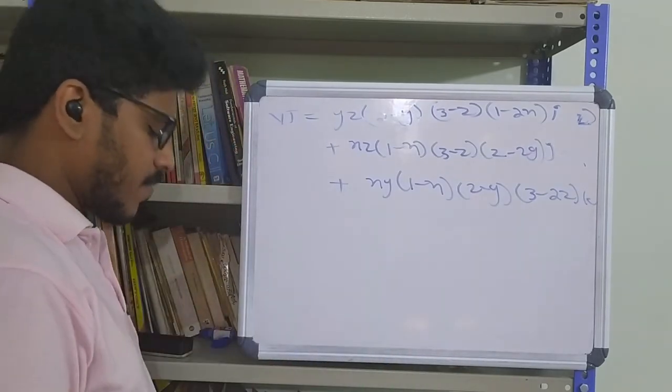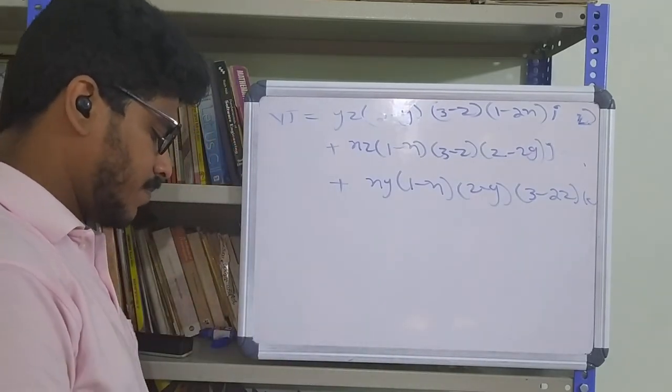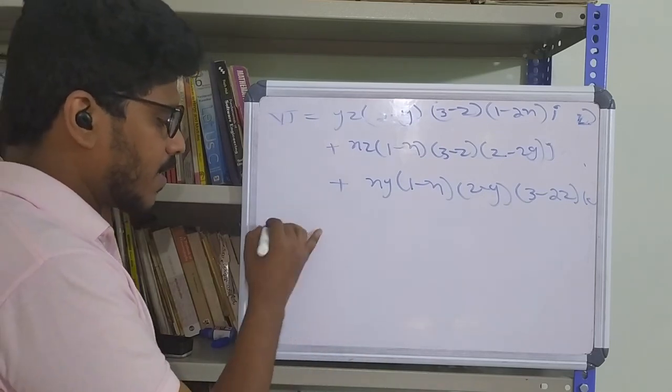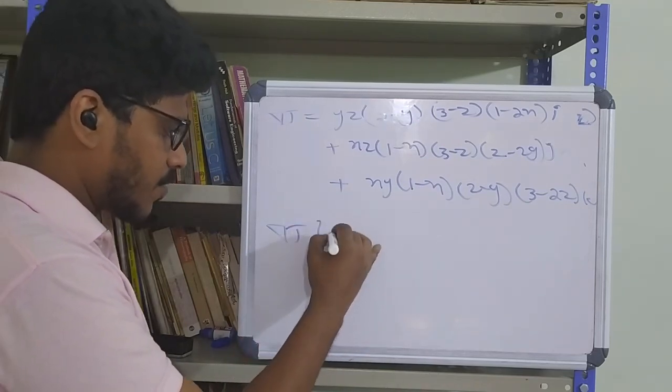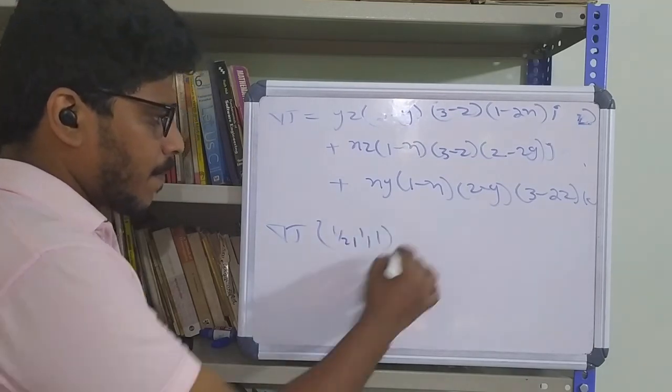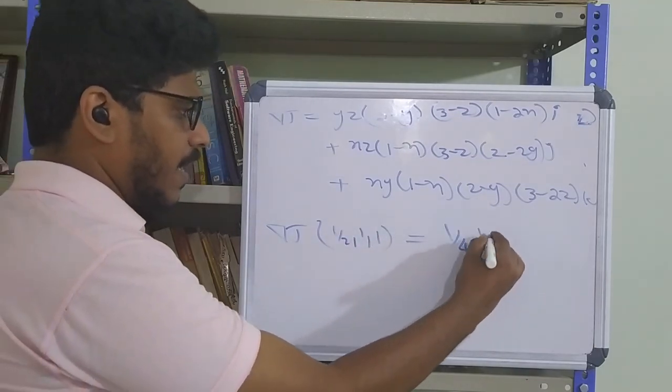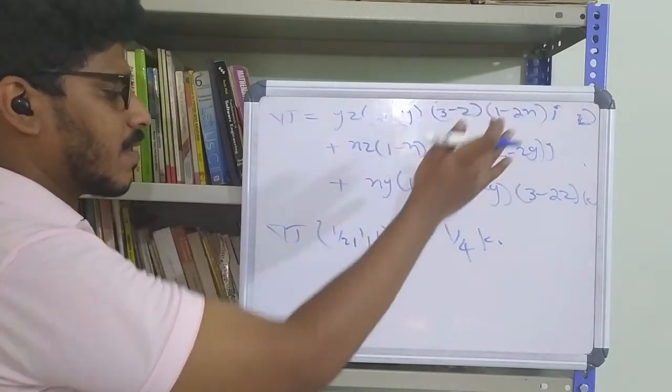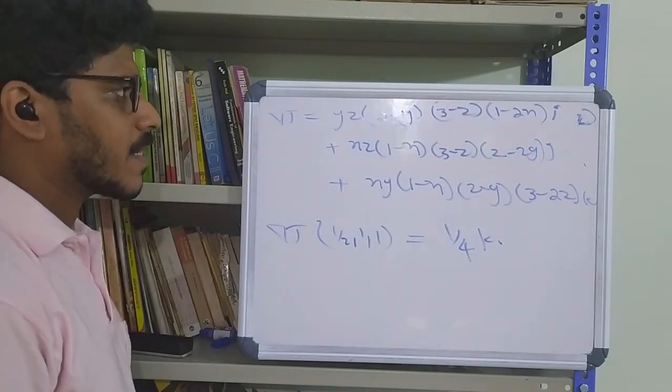If you substitute (1/2, 1, 1), the gradient of T at (1/2, 1, 1) turns out to be 1/4 k.